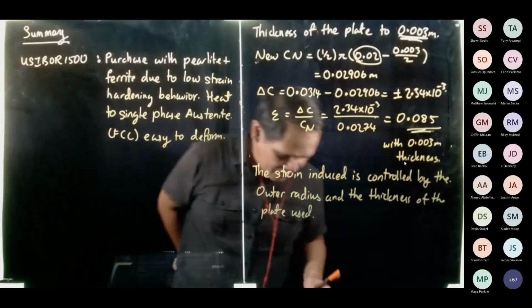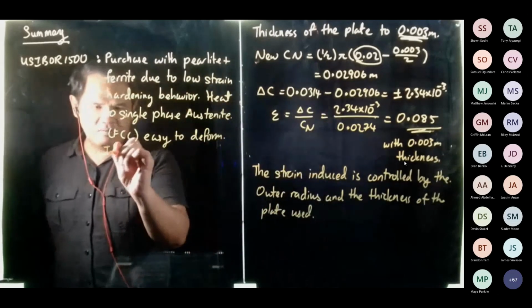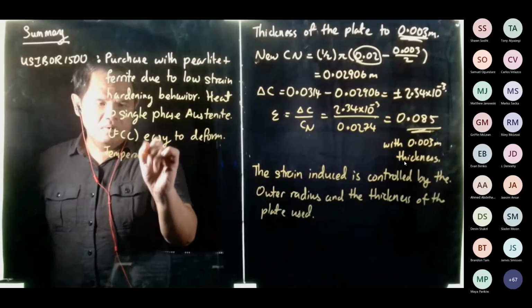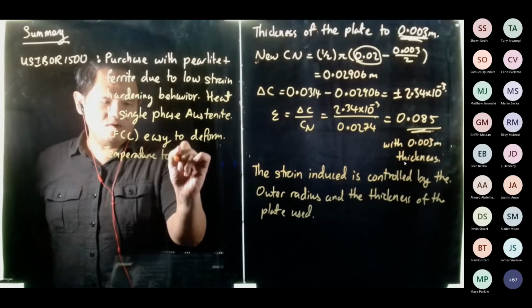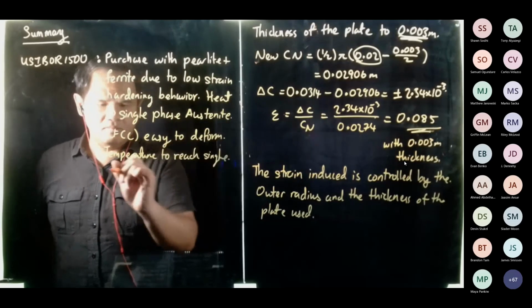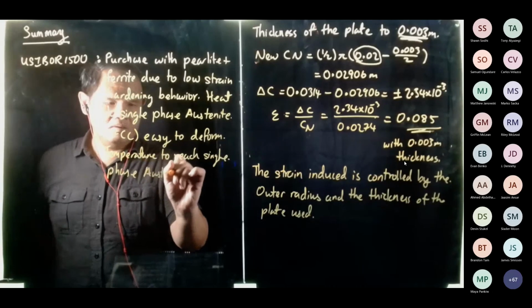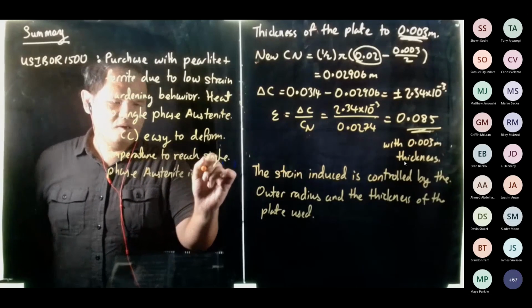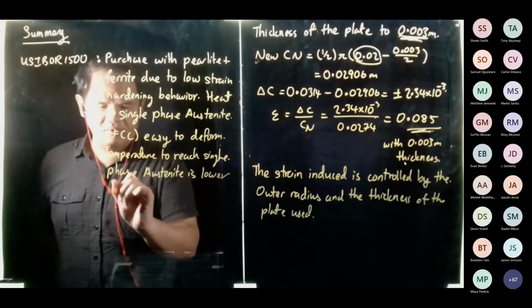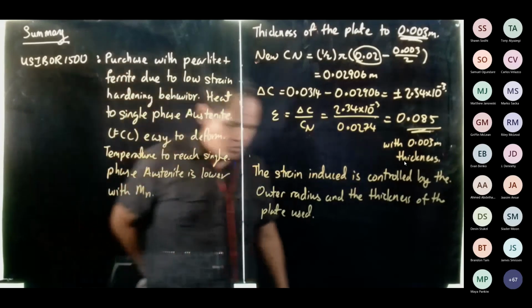And the temperature to reach single phase austenite is lowered with manganese. That's why we could do it.